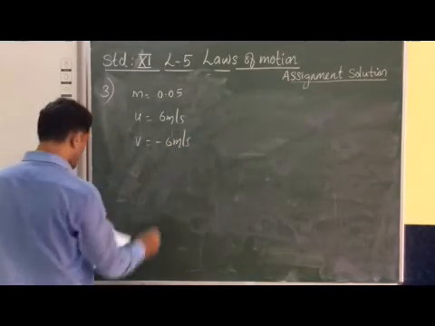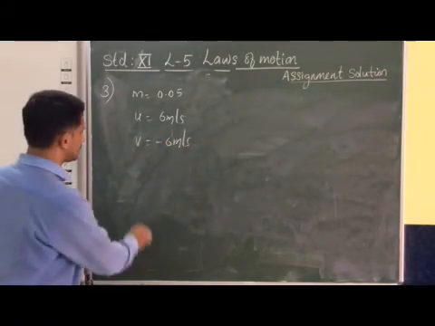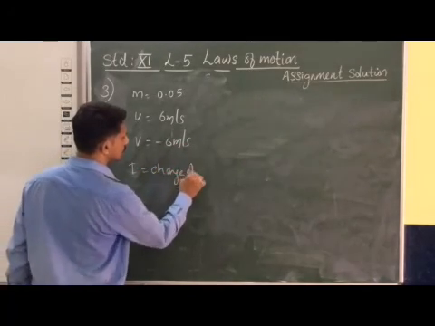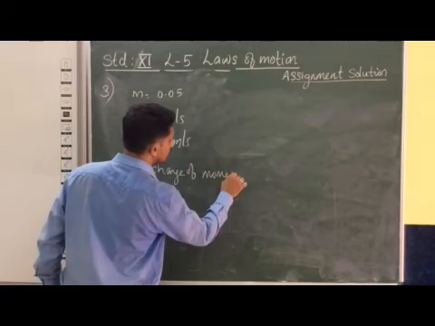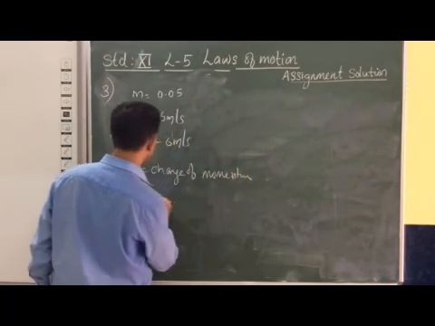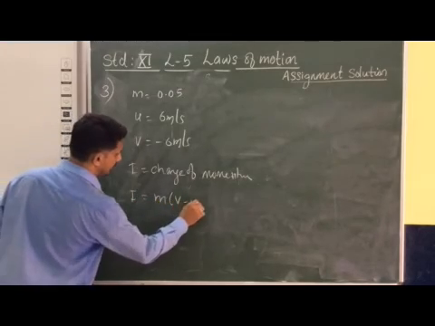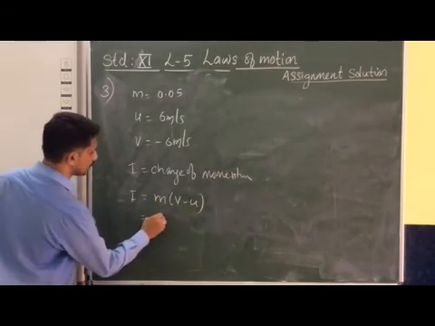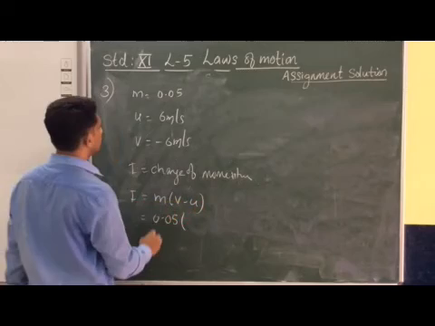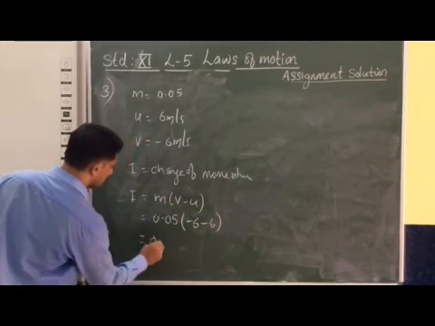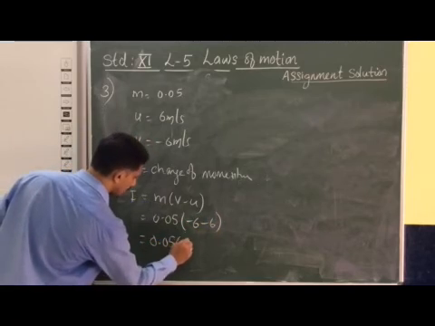So we can find the change of momentum, that is the impulse imparted. So impulse means change of momentum. Impulse imparted is change of momentum, m into v minus u. So our equation becomes 0.05 into minus 6 minus 6, that means 0.05 into minus 12.